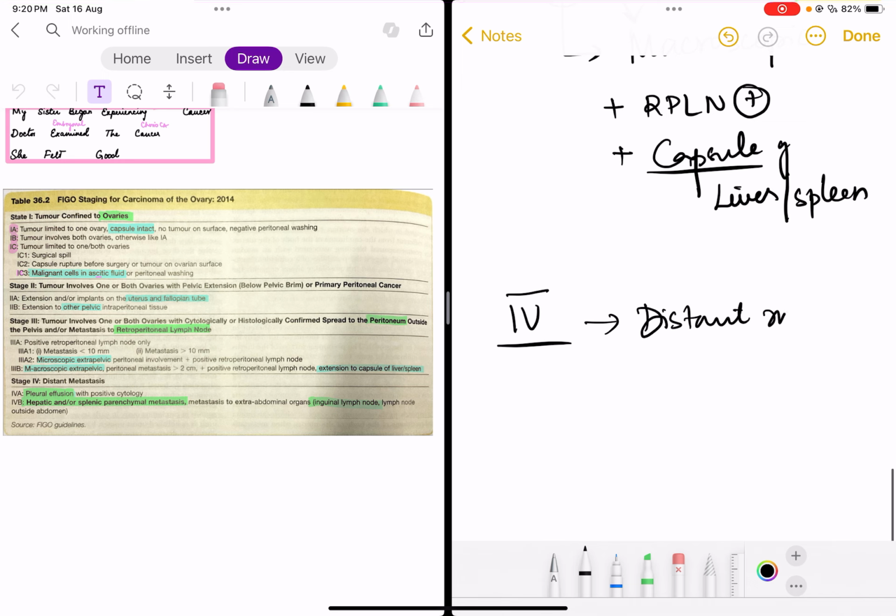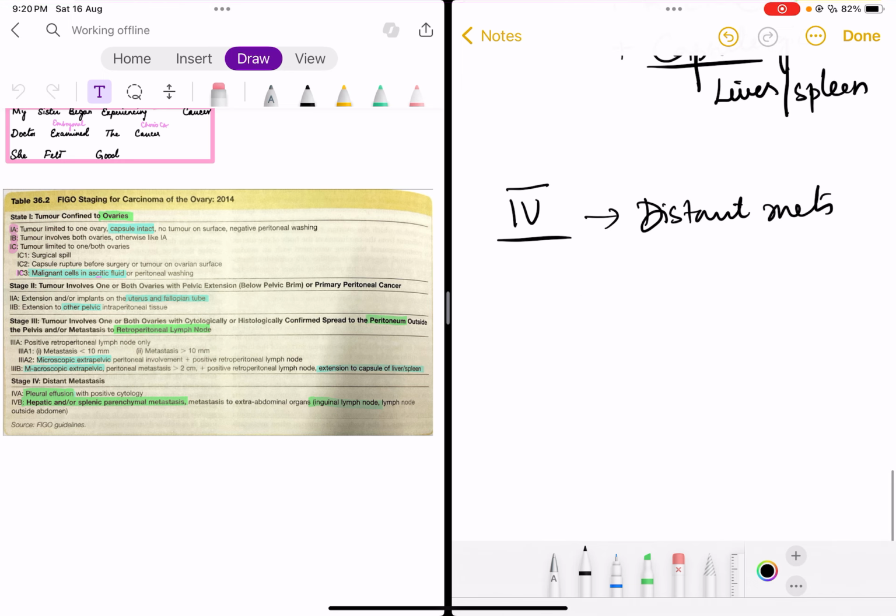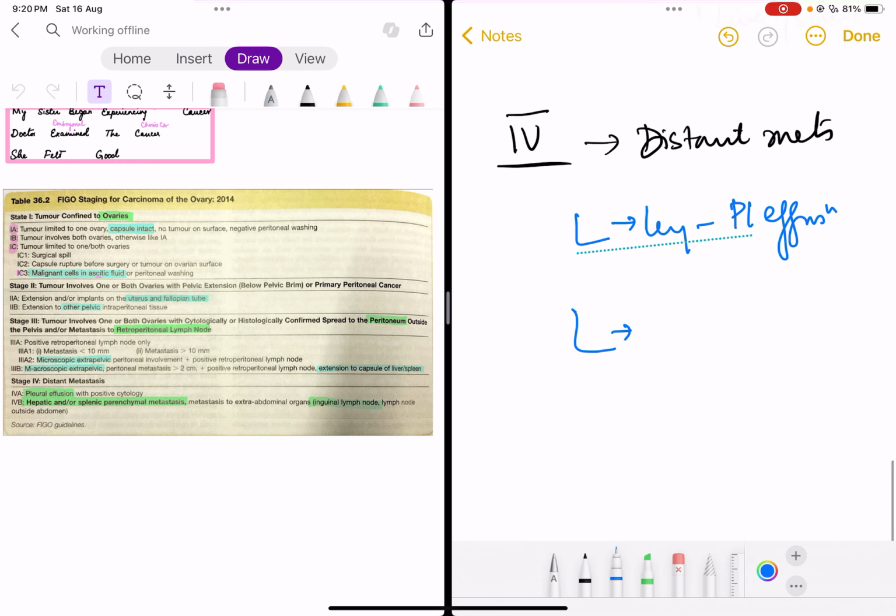It's the same in every other cancer. Since stage 4 is distant mets, you remember it as L and L. That is in lung, you have the pleural effusion with positive cytology, and the other L is for liver. And remember the adjacent structure, which is spleen. So hepatic involvement and splenic parenchymal metastasis. It's not just the capsule. You should not write just involvement of liver.